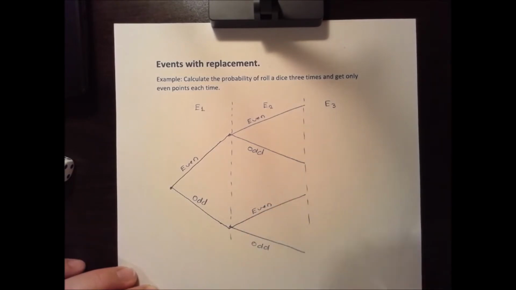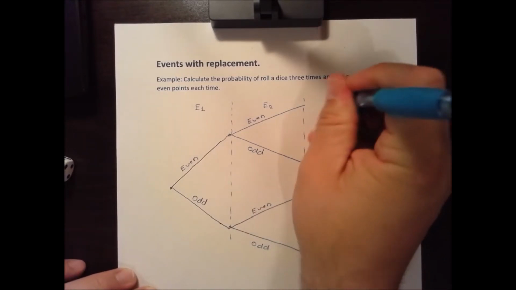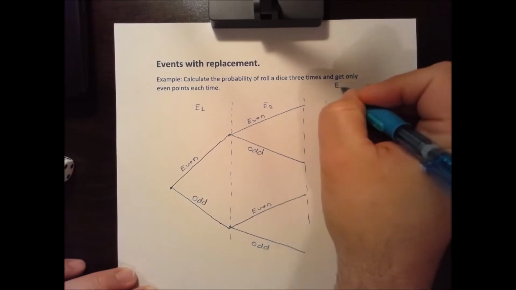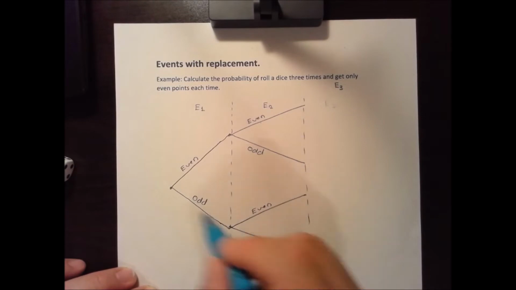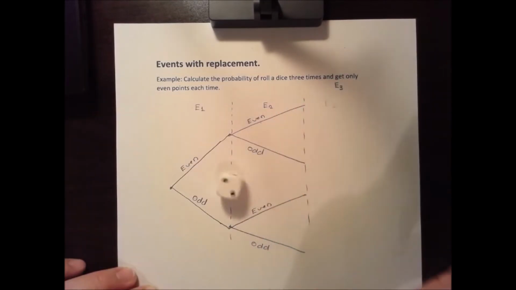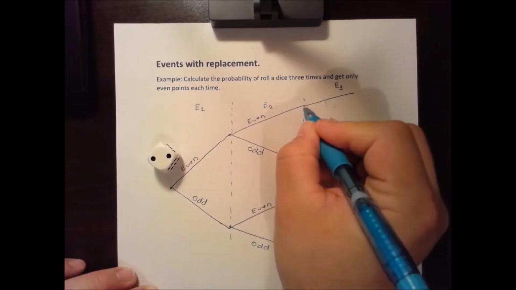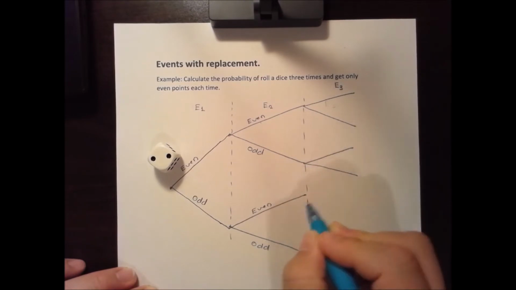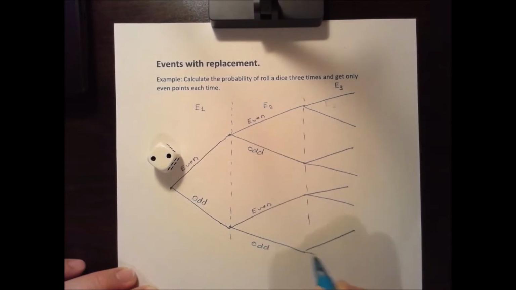So what happens in the third event? In the third event the same thing happens. It doesn't matter if you have even-odd, odd-even, or odd-odd. At the third time that you roll the die, you can have 2 options. You can have an even number or an odd number, like this, like that one, like here, and like here.